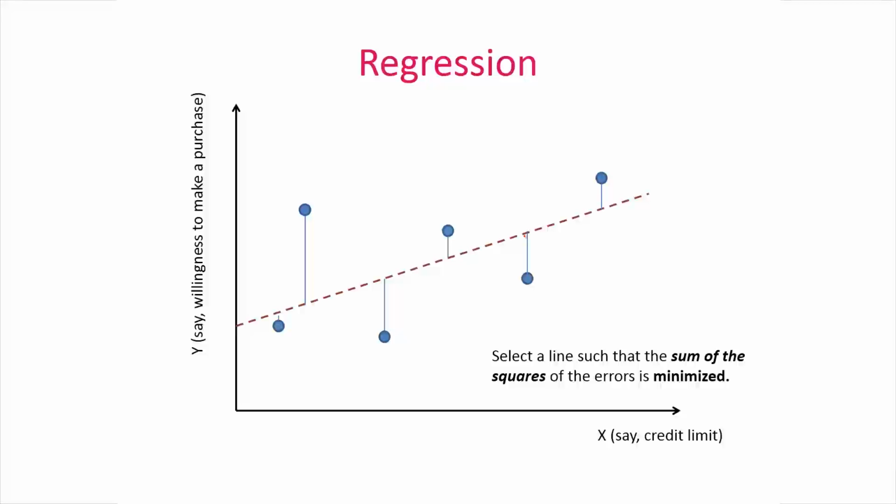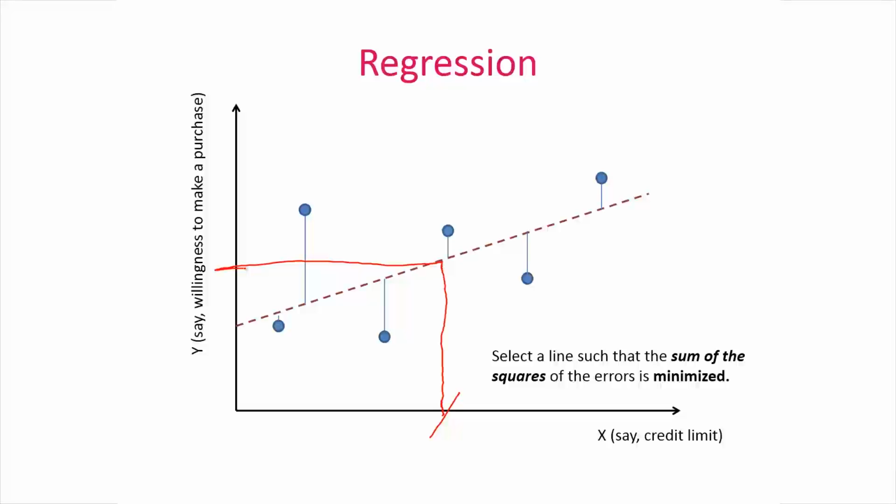So we say, well, what happens if X is a certain value? We can draw up a line and we can make a prediction about what the Y is going to be. And this regression line is written out in the form of a simple equation, which we'll talk about in a minute.